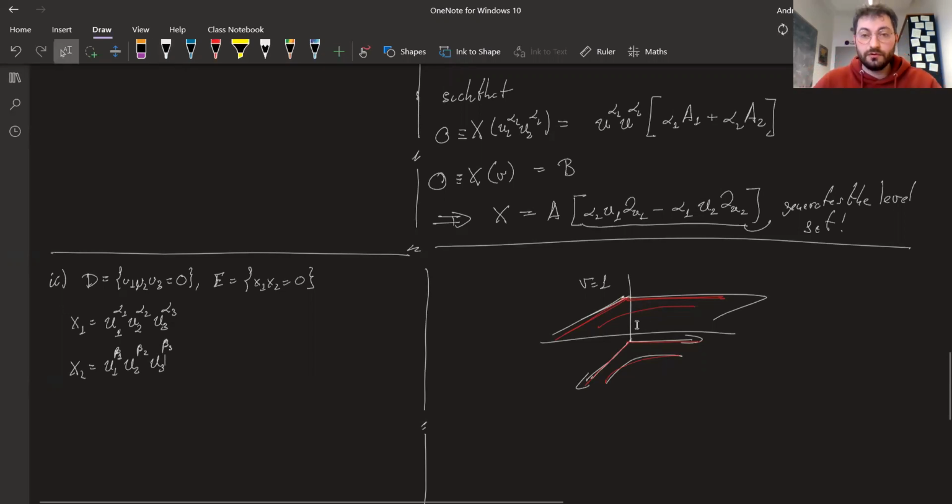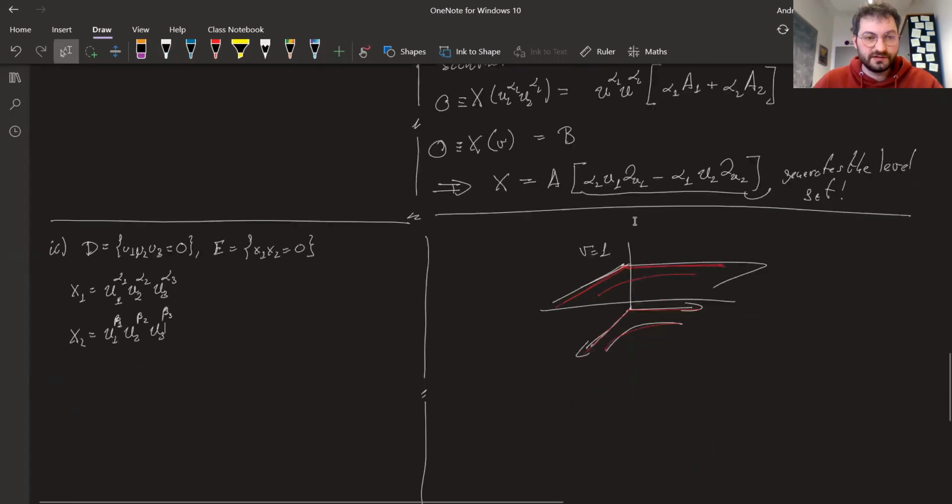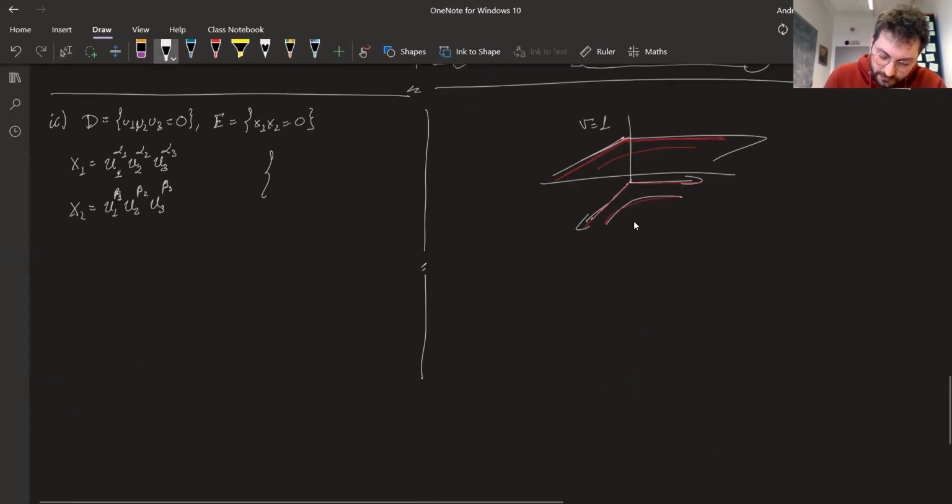Okay. So if we wanted to play the same game, we want to find out the level sets. So we are interested in knowing which are the level sets of phi equals constant. We're going to search the vector field that makes both of these, the generator, right? Just as we did here, that annihilates both of these entries.